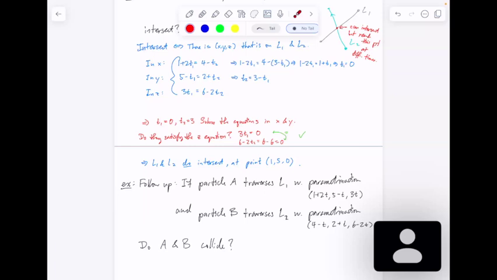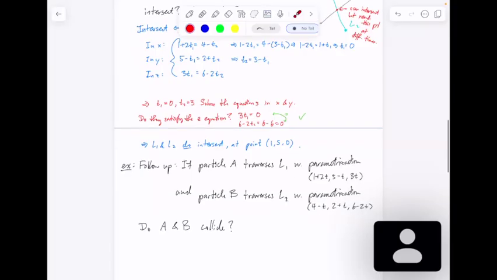So we really just have to test whether the intersection point is a collision point. There's precisely one intersection point. Later on, when you have more general curves, there might be more, but two lines can intersect at most one point. So there's one point here where they intersect, 150. And the question becomes, do A and B arrive at 150 at the same time?